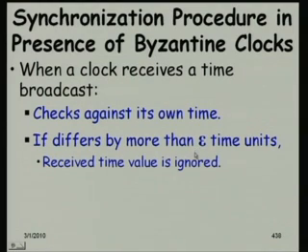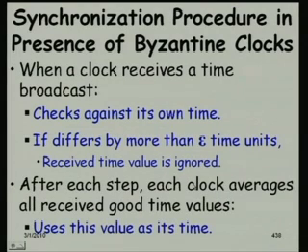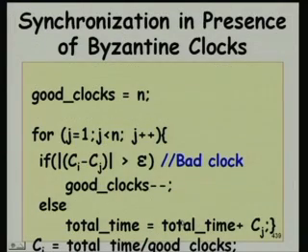So, if it has drifted more than epsilon, the clock is bad, and the time value is ignored. But this does not eliminate the Byzantine clocks, right. It only eliminates the bad clocks, and each clock averages the good time values and uses this as the time value.